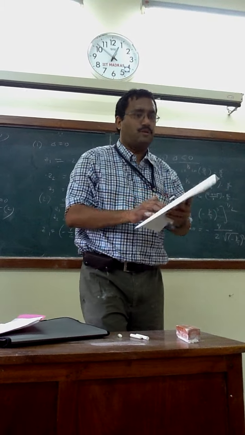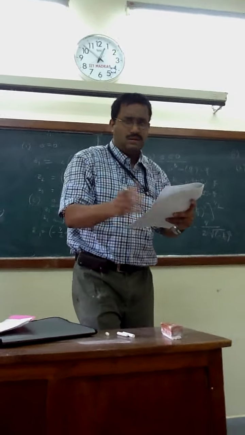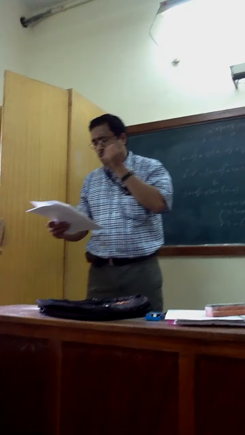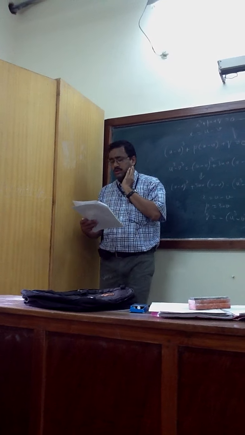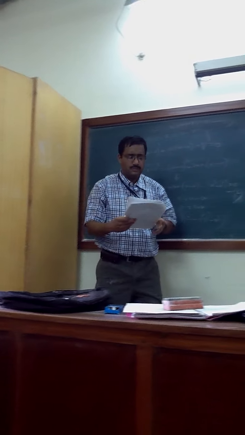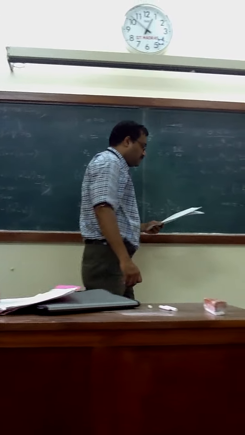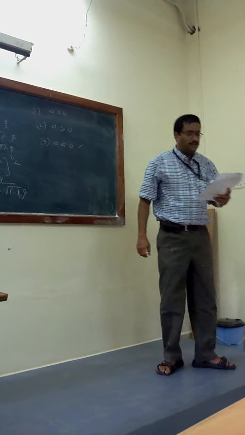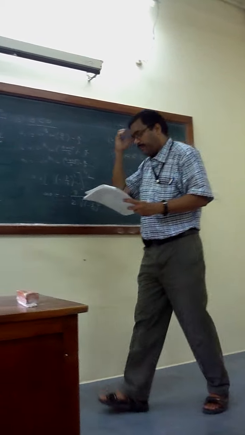Now we will do the sample problem. I think the assignment is with you. Assuming that n-butane obeys the van der Waals equation of state, calculate the molar volumes of saturated liquid and saturated vapor at 427.85 Kelvin and 0.215 megapascal.